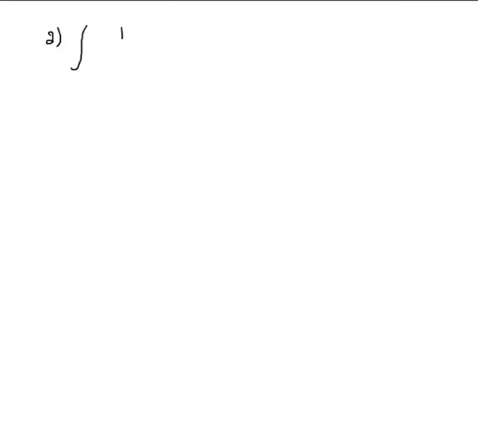Second question. Integral 1 divided by root of x plus a plus root of x plus b dx. We have radical sign here. Let us use conjugate method. We will multiply both numerator and denominator by the conjugate of the denominator.